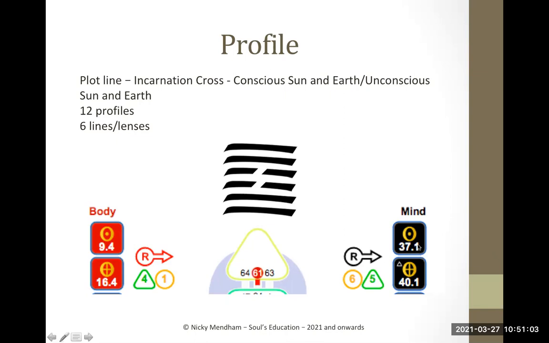With the first line, this person will take a lot of time investigating what tenderness means to them, what weakness means to them. And this is how they will present themselves out in the world. Like I say, there are 6 different lines, and when you combine the body and the mind lines together, they make up 12 profiles.